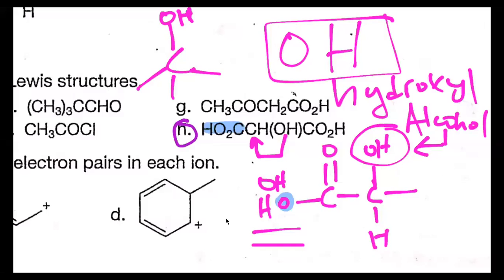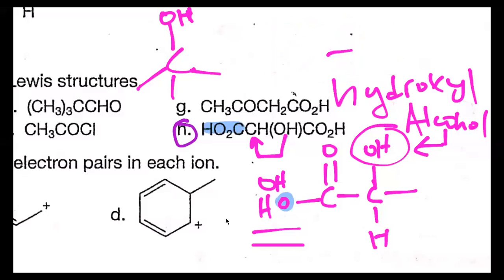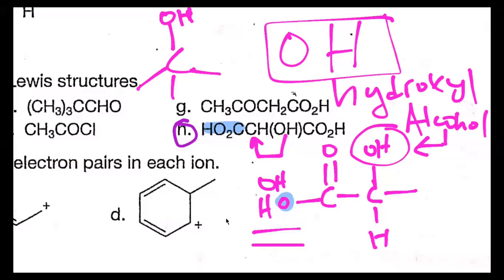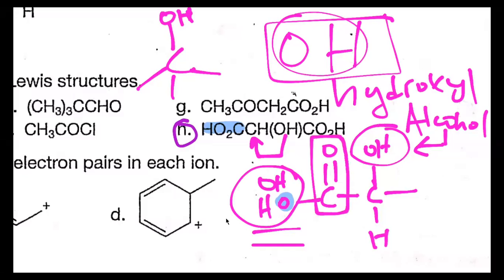If it's just by itself like this, we just call it a hydroxyl group, like over here on the acid. Why does adding the other oxygen make it an acid? No, it's adding a carbonyl that makes it the acid. It's this part that makes it the acid.